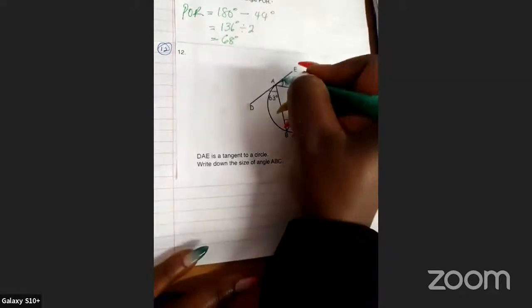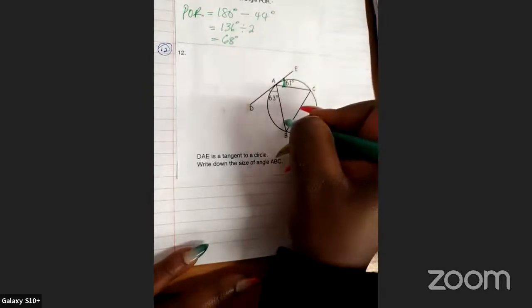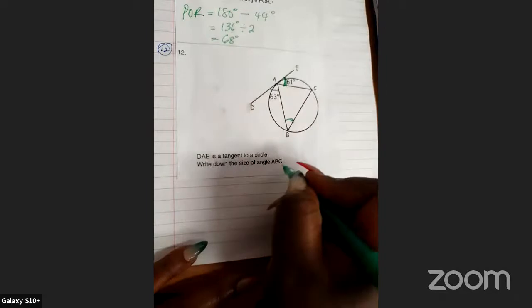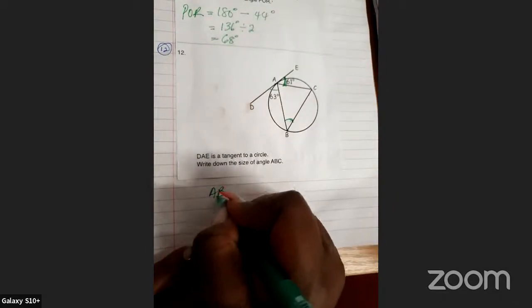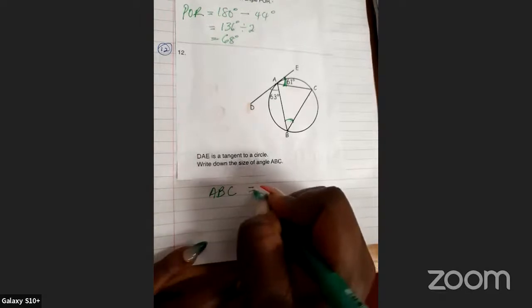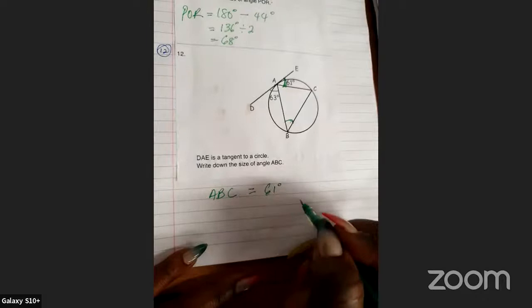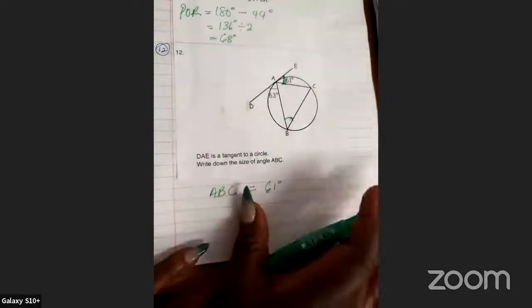So this angle here that forms between the chord and the tangent is equal to the angle formed by the same chord in the alternate segment. So that means that angle ABC equals 61 degrees. Good. And you put down your reason as I just gave it to you.